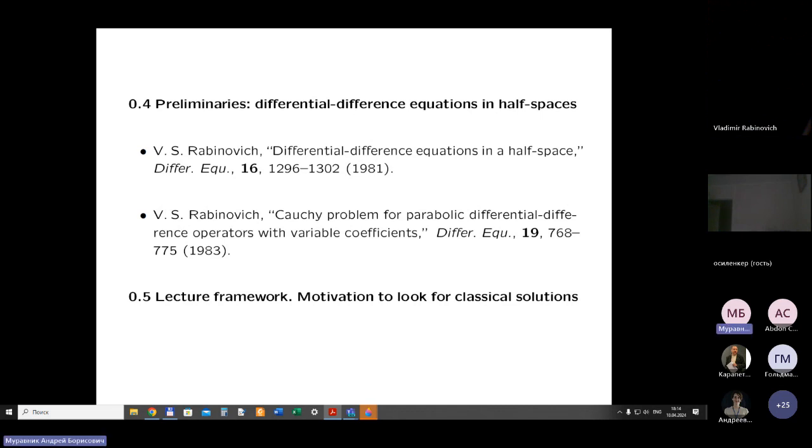Today, I would like to present you results concerning classical solutions, and I would like to explain what is the reason to concentrate on classical solutions.